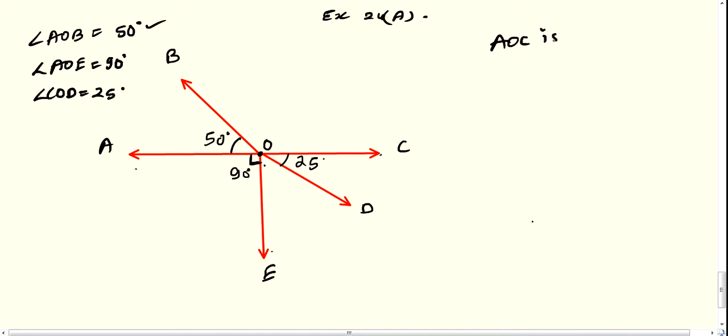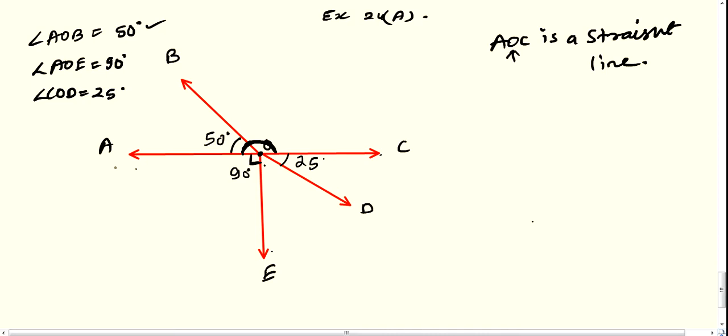AOC is a straight line, and in AOC the middle alphabet is O, that means there will be a 180 degree straight angle at O. So how can we represent this?